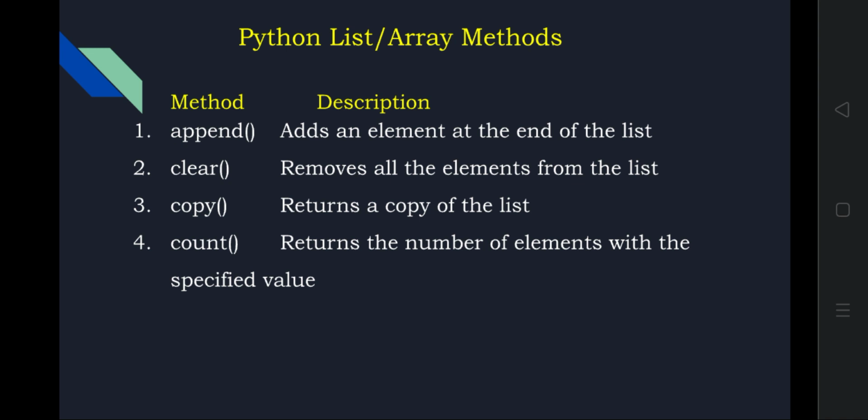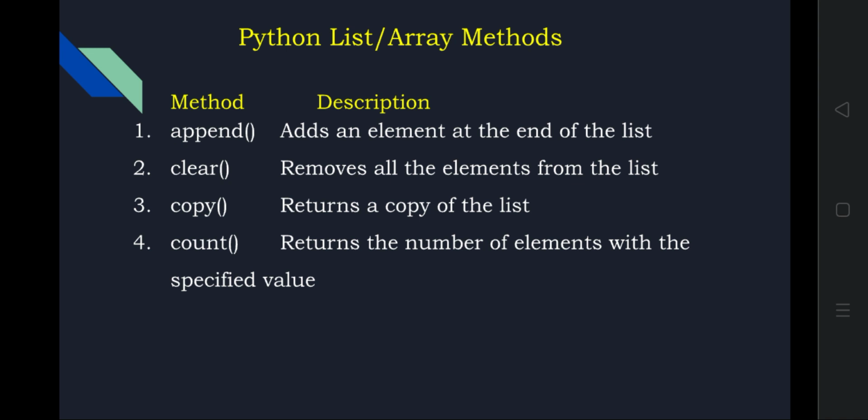And then count. Count returns the number of elements with the specified value. So we can just check how many elements there are with a particular value. For example, how many cherry are there in a list. Because we know that in a list elements can be duplicated.